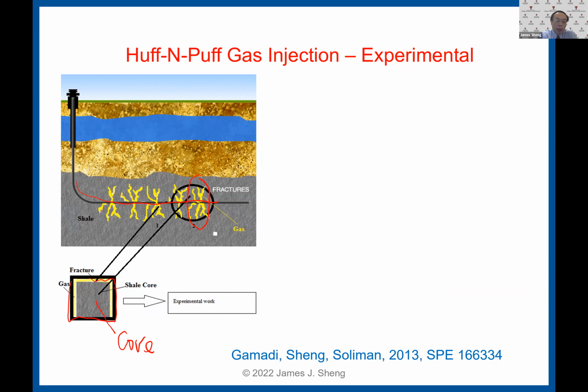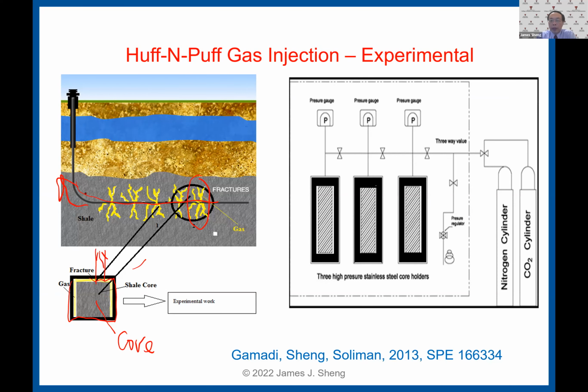And then we deplete the pressure in the yellow annulus, and oil in the rock matrix will gradually come to the fracture, and if you connect to the well, it is produced from the well. That represents what happens in the field. So we just have a very simple experimental setup to do such a huff and puff experiment.